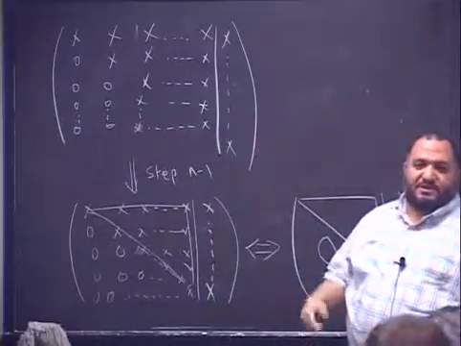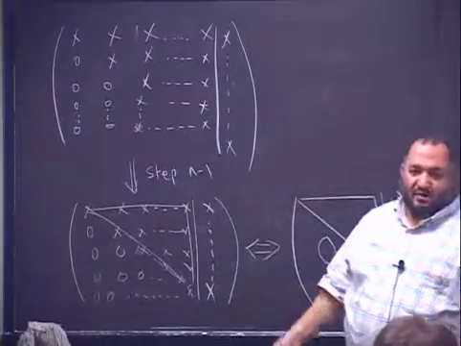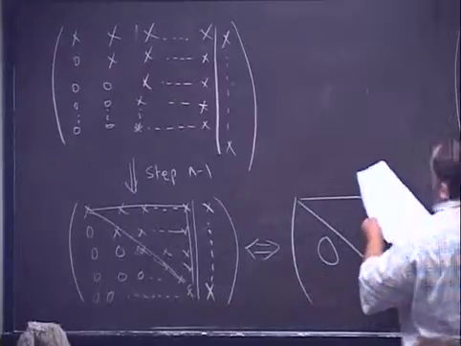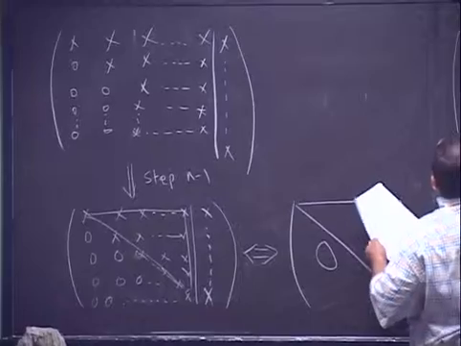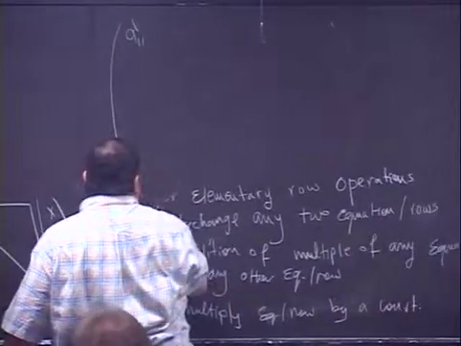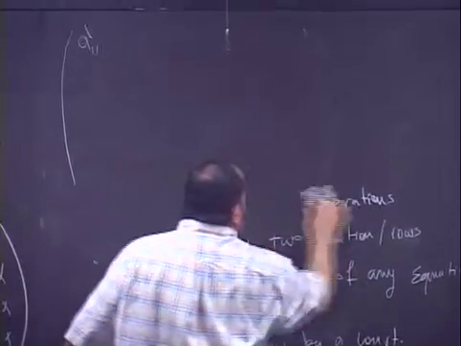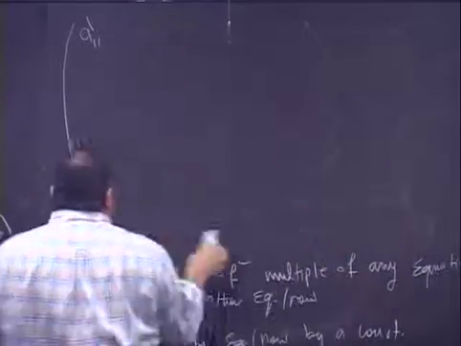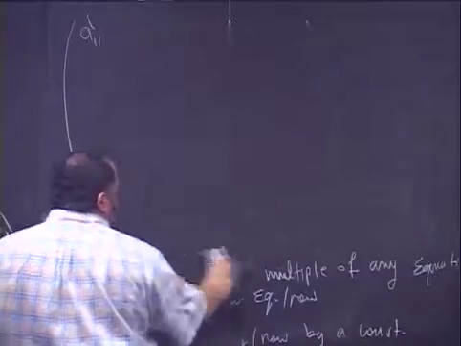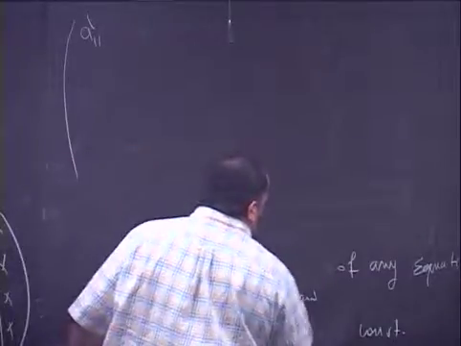Maybe the value is 0, maybe the value is a number. So you will notice that after the transformation, you will end up with, let's say, A11, but instead of A11 from the starting matrix, it will be A11 prime, because now you have performed lots of operations on the matrix.